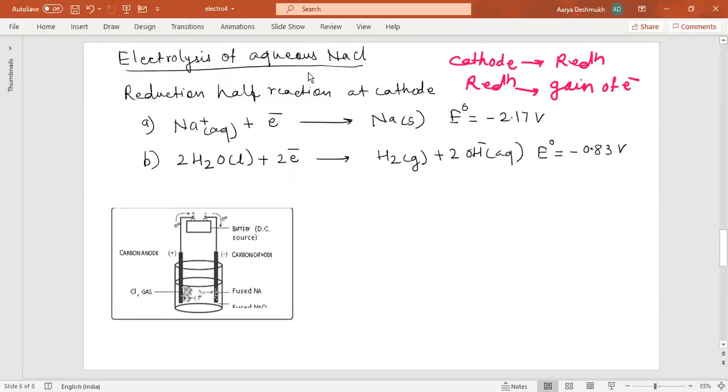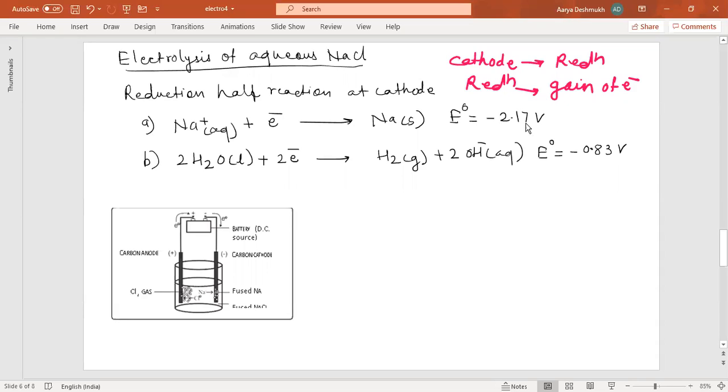So if you look at this reduction half reaction at the cathode, sodium ions accept an electron and are converted into sodium, and the standard reduction potential value for this is minus 2.17 volt. Now what is this standard potential?